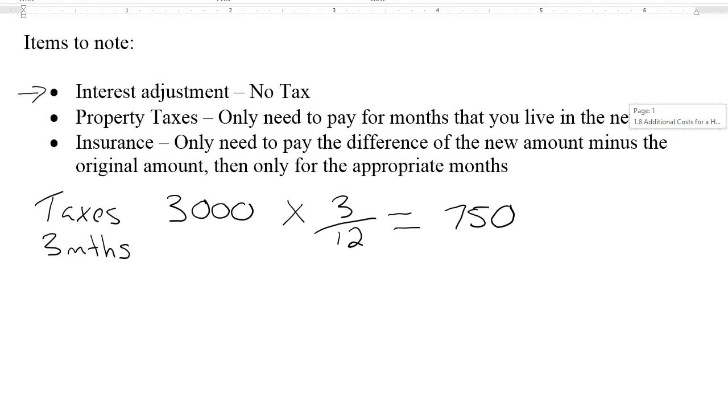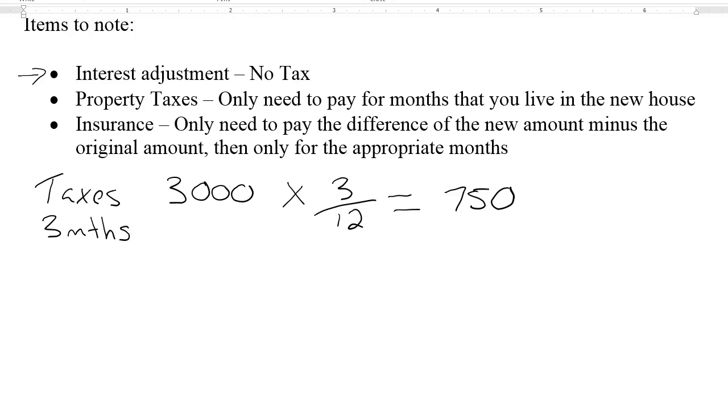The other one is the insurance. We've already looked at buying insurance for your house. Now, when you own a house previously, you've already paid the insurance company some money. When you move into a new house, you're going to pay them a different amount. For our purposes, we'll say it's more. So if the insurance on our new house is more than our old, we have to pay the difference. But again, only for the months that are in our house.